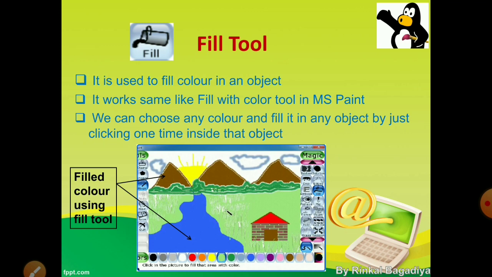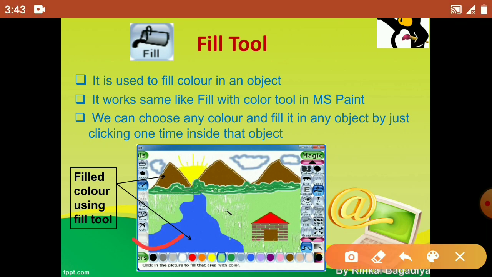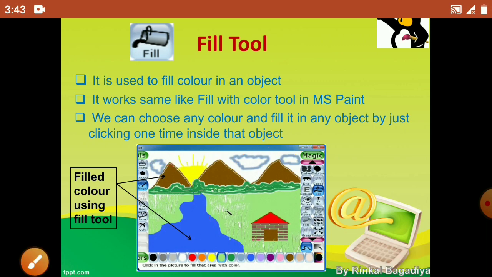But for that we have to click inside the object in which we want to fill color. Here in the picture you can see we have filled color in the river, on the mountains, in the hut top, etc. So like this the fill tool is used to fill color in any solid objects.